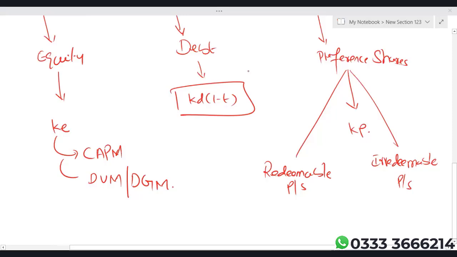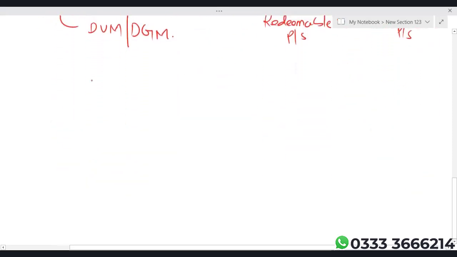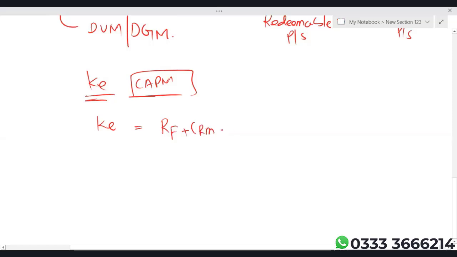Okay, now. If an entity raises the finance in the form of equity, then cost of equity can be calculated by using CAPM, the capital asset pricing model. The formula is KE equals RF plus (RM minus RF) times equity beta.